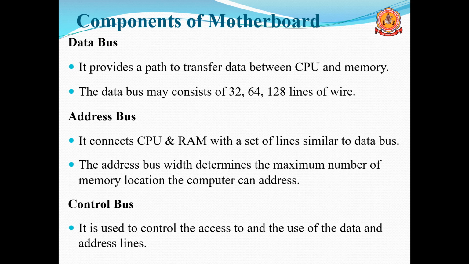The first one is the data bus. It provides the path to transfer data between the CPU and memory. Mainly the data bus is used to transfer the data signals. The data bus may consist of 32, 64, or 128 lines.